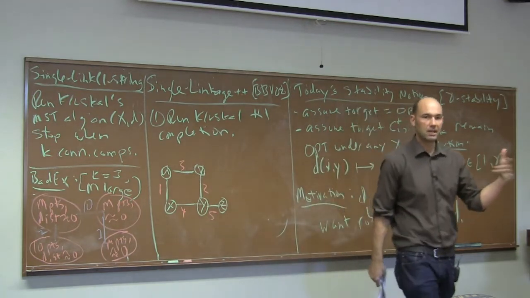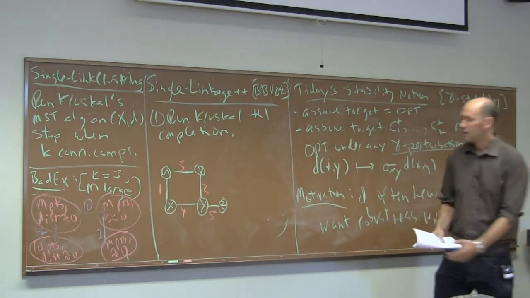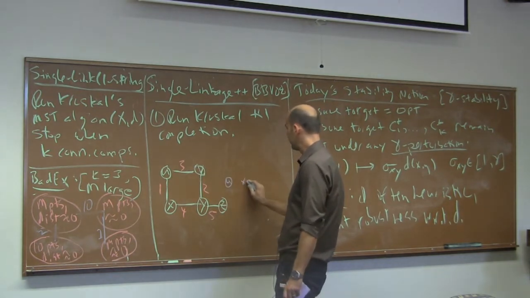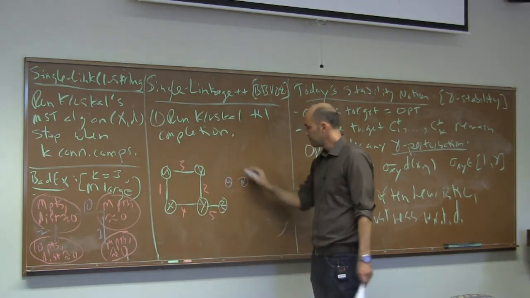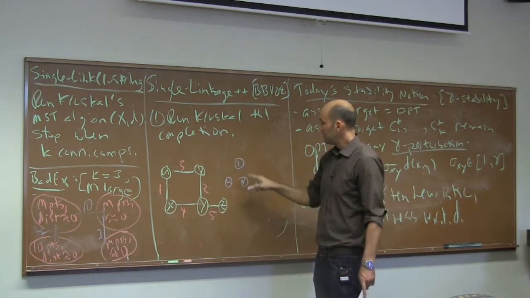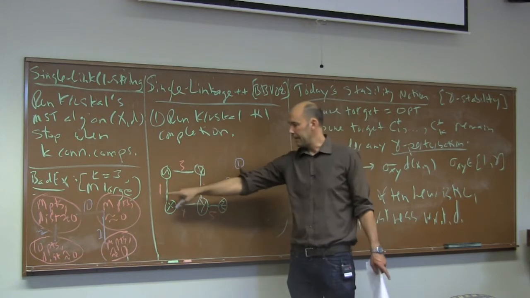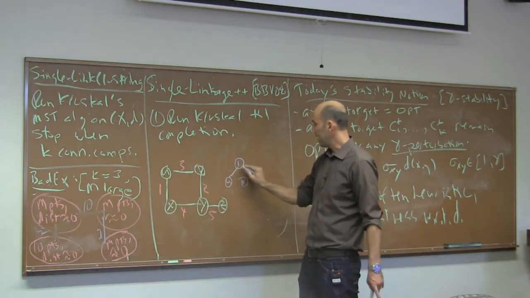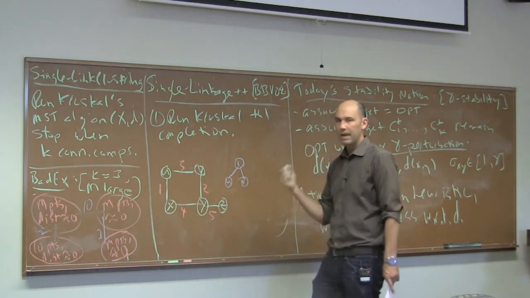So U and X used to be connected components. They get fused into 1. So now over here, I'm going to start drawing a tree from the bottom up. So this is U and X. These are the 2 nodes we just fused. They're going to have a parent, which I'm labeling with the cost of the edge that joined them. So the 1 edge, when Kruskal included it, fused the U and X into 1.